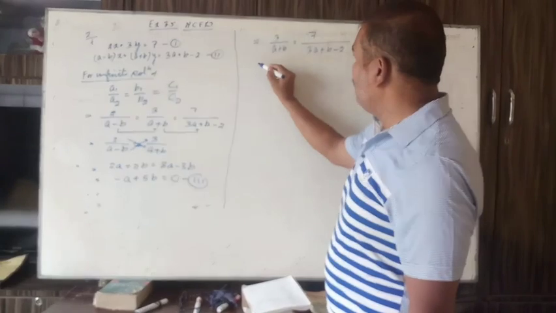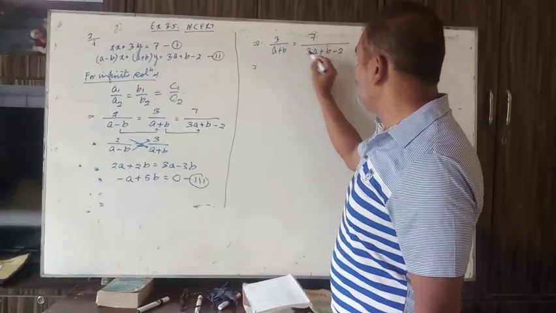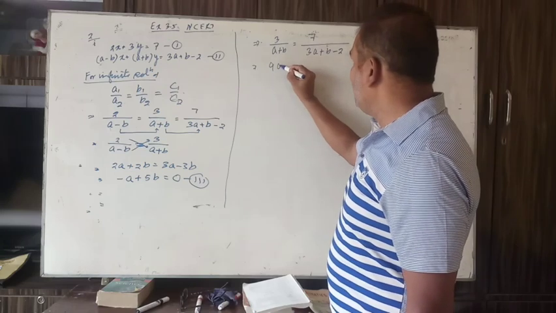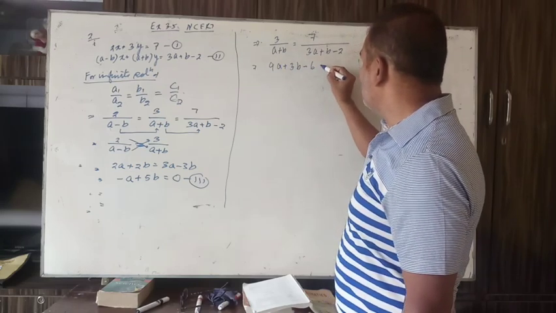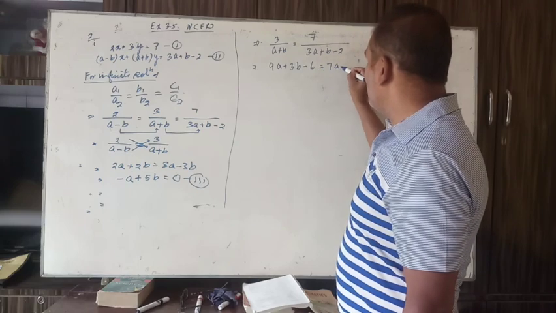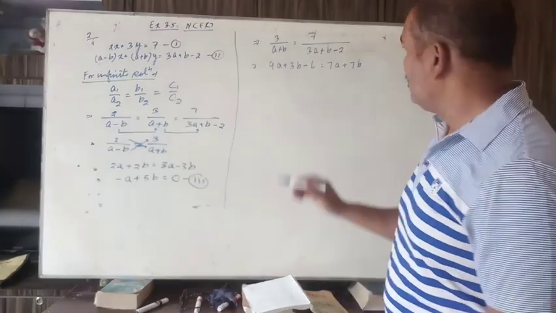Clear? Again we will do the cross multiplication. 3 into 3a, 9a, plus 3b minus 6, is equal to 7a plus 7b. Is it clear?